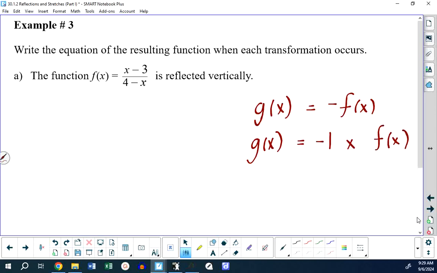That's it. That's all we have to worry about. So the new function is g of x is negative 1 times x minus 3 over 4 minus x. Now let's talk about negatives and fractions.